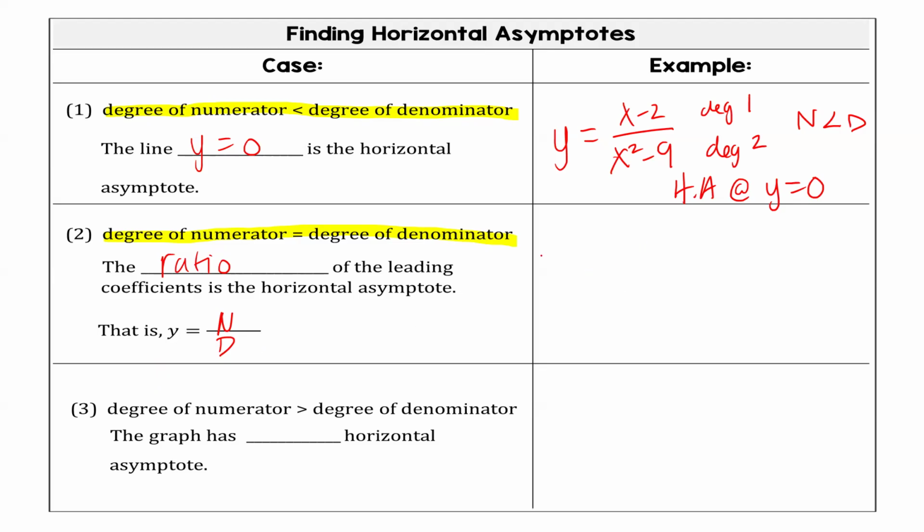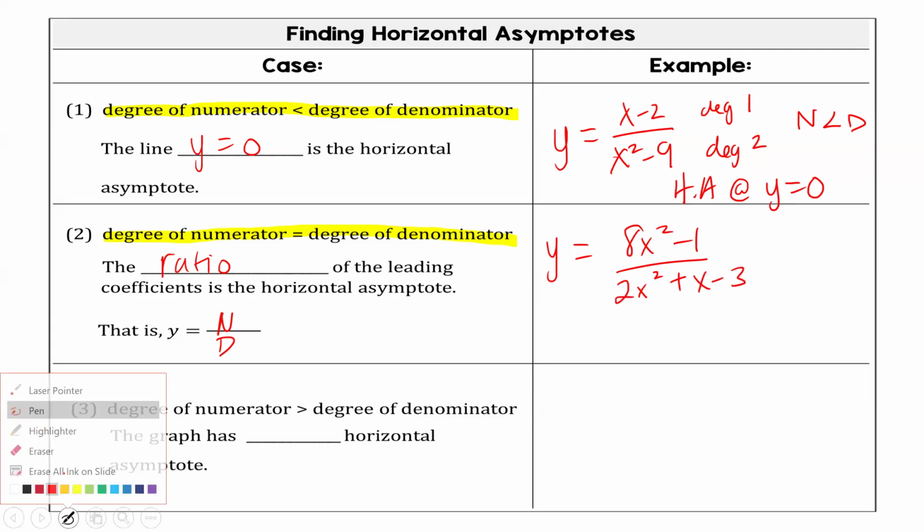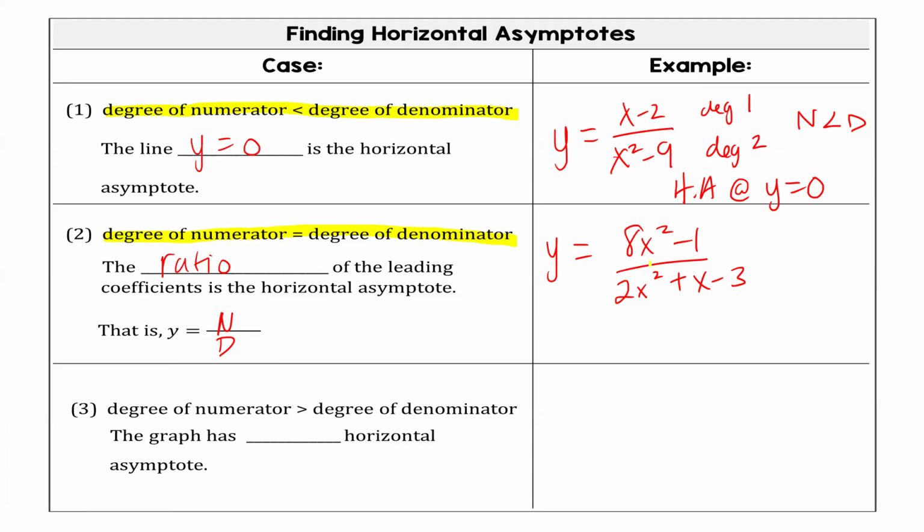And let's write an example. We have y equals 8x squared minus 1 over 2x squared plus x minus 3. What is the degree of my numerator? 2. What's the degree of my denominator? 2. So they are equal to each other. When they are equal, all you're going to do is focus on their leading coefficients.